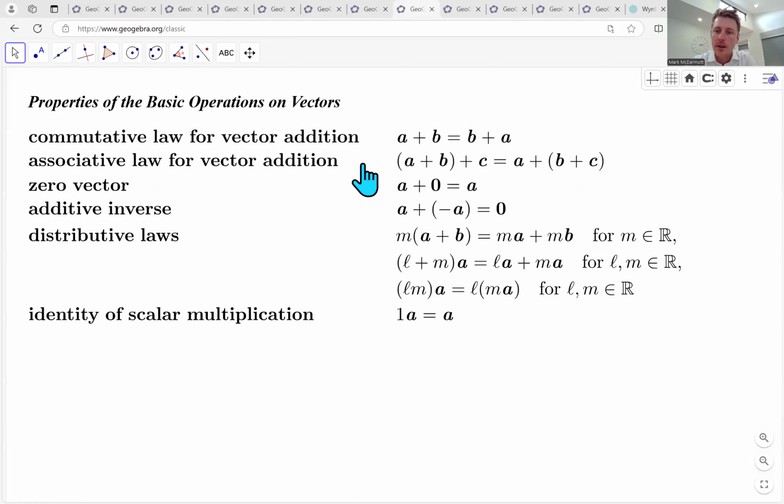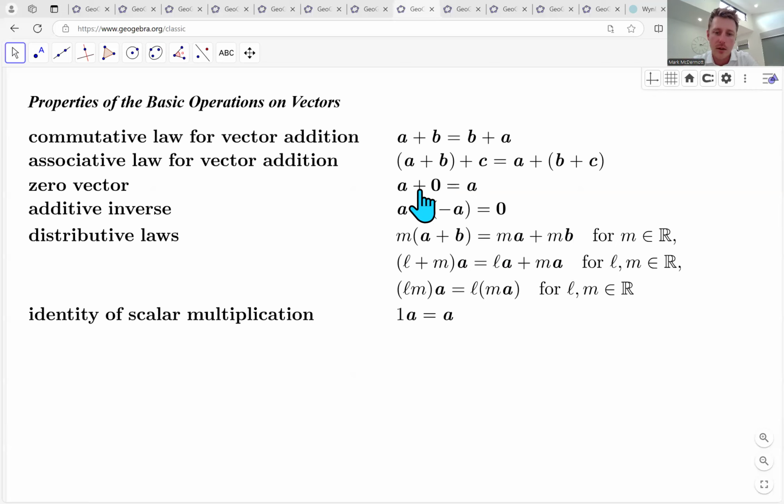I've actually made another video on this, so I'll put a link in this part of the video, but also below for you to go and watch, where I talk through all of these properties of basic operations on vectors. For most of these, they're just an extension of our algebra laws, and they work in vector land, if you will.